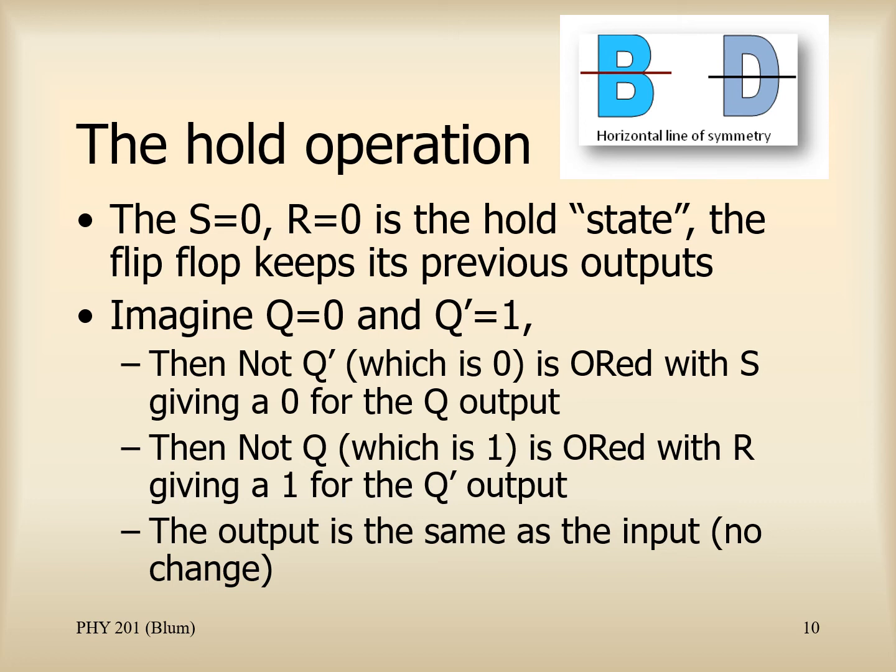So now the Q output is low, or it was low before and is still low. Not Q then becomes a 1 when it is inverted, and that not Q, which is now a 1, is ORed with the R input, which is a 0, but one of the inputs is a 1, so the Q prime, which was a 1, comes out of the OR gate, and so it holds that state as well.